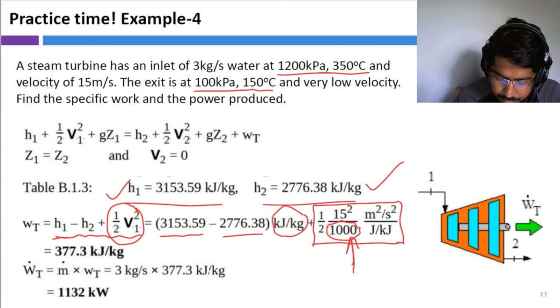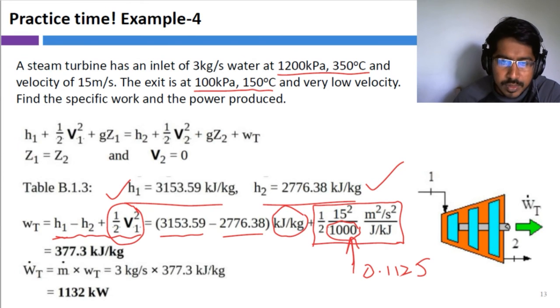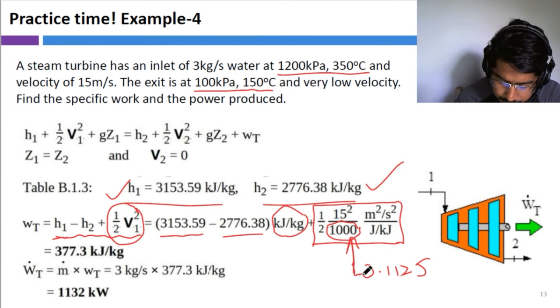So you can see this number is going to be 0.1125. So once you solve this entire expression, you get 0.1125 kilojoules per kilogram.